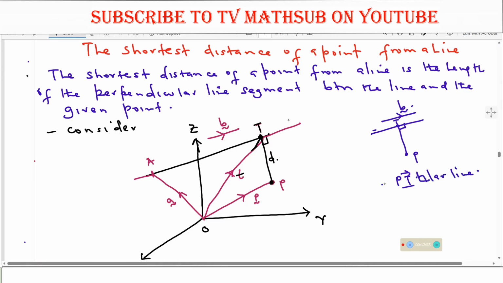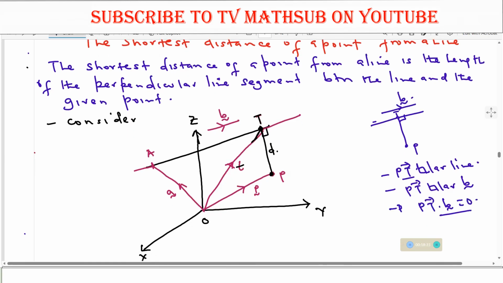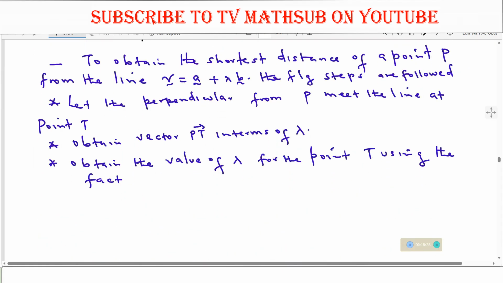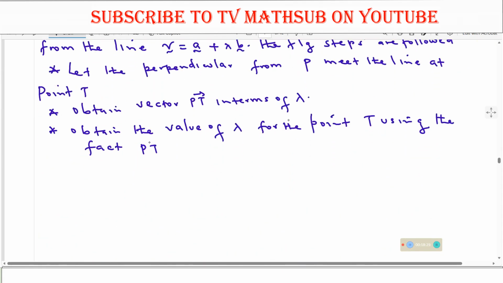If it is perpendicular to the line, then it means also the vector PT is perpendicular to the direction of vector B, because this vector B is parallel to the line. So that is the fact that we shall use, that PT, when you dot it with B, you get 0. Now, that is the fact we shall use, that PT dot vector B is equal to 0. After using that fact, you will be able to get the value of lambda and the required distance.